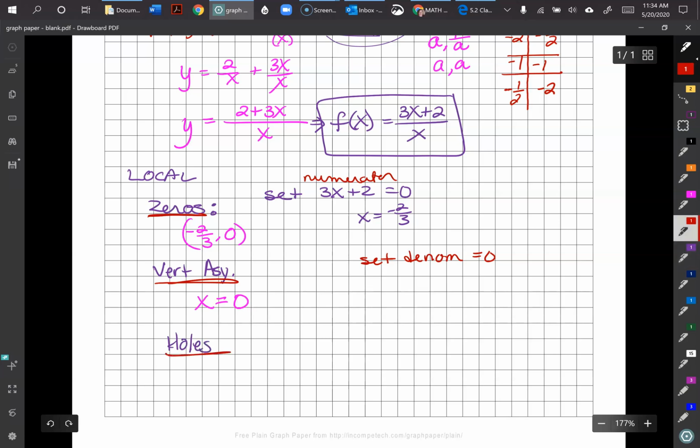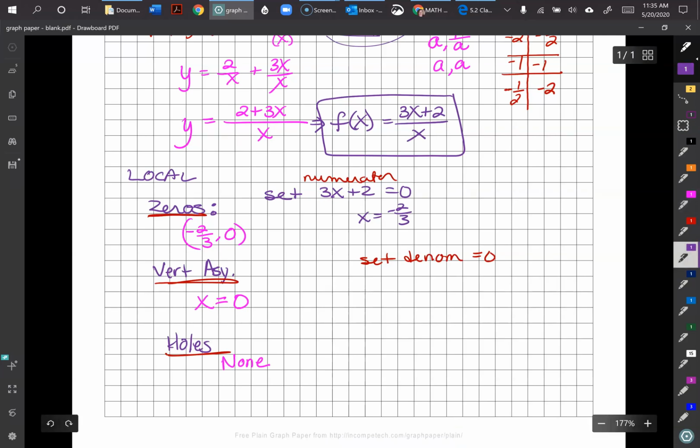Let's see if we have any. That would be a situation, let's look back up at our function, if we had factored and we have the same exact factor in the numerator as the denominator, that would make a hole. So we don't have one in this case, so make sure you do answer that as none, so I don't think you just didn't know or skipped it.